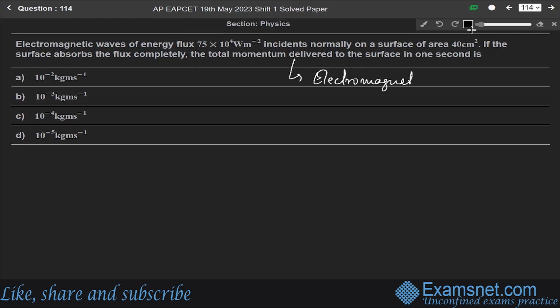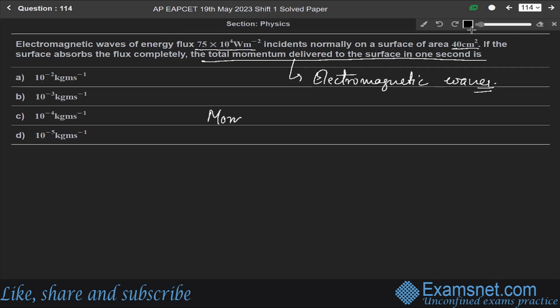Electromagnetic waves. Okay. We are given the energy flux that is 75 into 10 to the power 4 and a surface area of 40 centimeters square. So we have to find the total momentum delivered to the surface per second, means in 1 second.